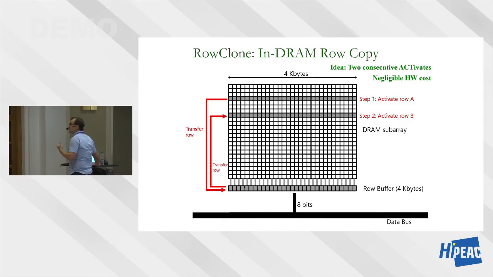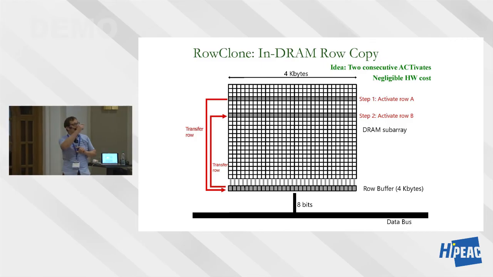The idea is to do 2 consecutive activations. You first activate the source row, which brings the data into the sense amplifiers or the row buffer. Now you've captured the data of the source row that you're going to copy to the destination row. Now if you've allocated the destination row in the same subarray, what you do is you activate the destination row, which implicitly deactivates the source row and connects the data in the sense amplifiers to the destination row.